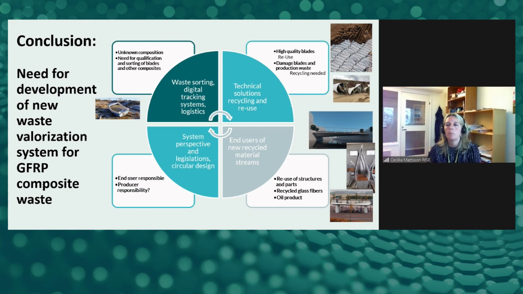We also need to take a bigger picture on the system perspective and the legislation, and find new products that can reuse the recycled products, such as the lower-quality glass fibers and the oil product, and also whole parts. So we need to be really innovative in the future to find value in this waste stream.